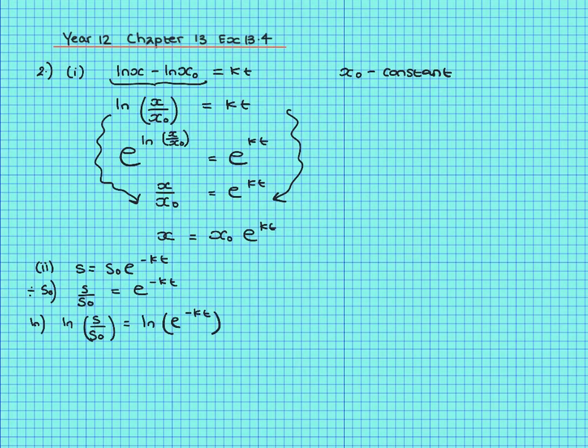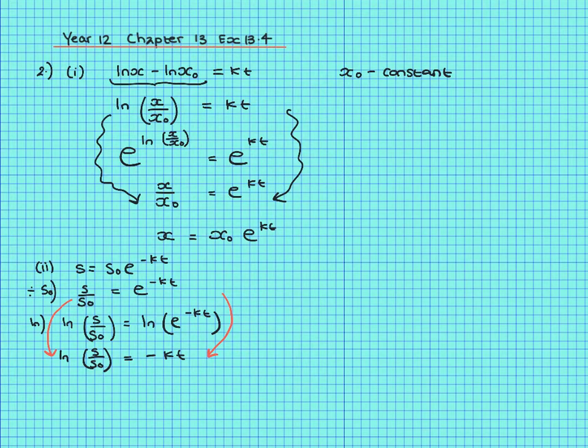Now on the right hand side, ln of e cancels, remember they're inverse functions of each other, and you're left with negative kt. On the left hand side you still have ln of s over s0, and remember again we could have gone straight from the second line to here, taking ln of both sides. I've written up the line above this just to give you a really clear idea of what's happening.